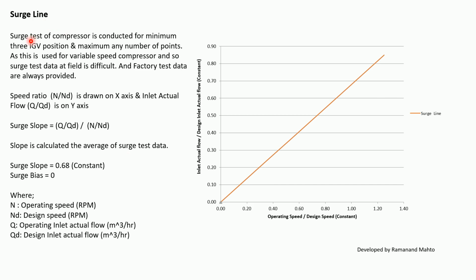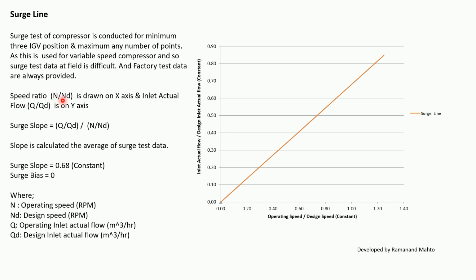For the surge line, the surge test of the compressor is conducted from a minimum of 3 speed positions, or 3 different speeds, or any other maximum number of points. As this is used for variable speed compressors, surge test data in the field is difficult, and factory test data are always provided.